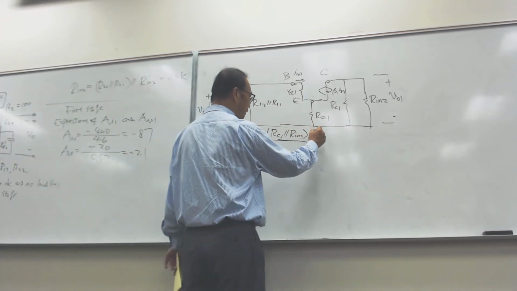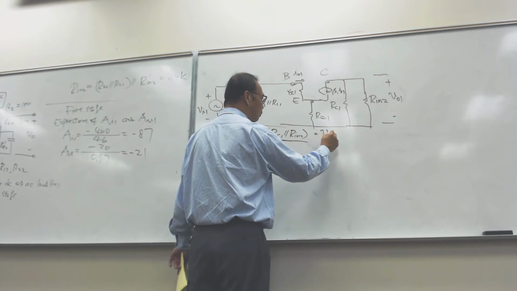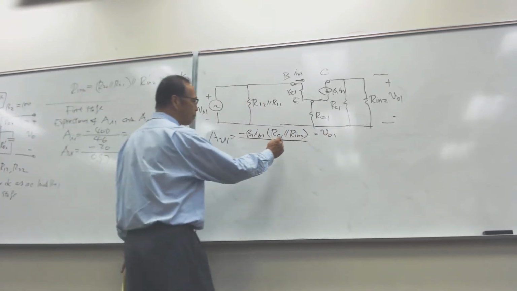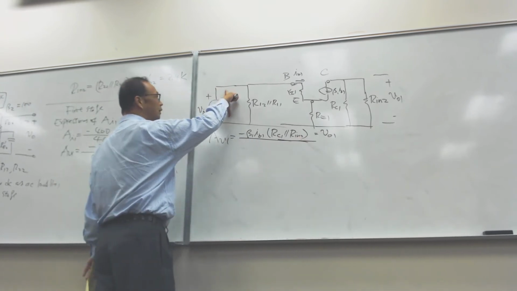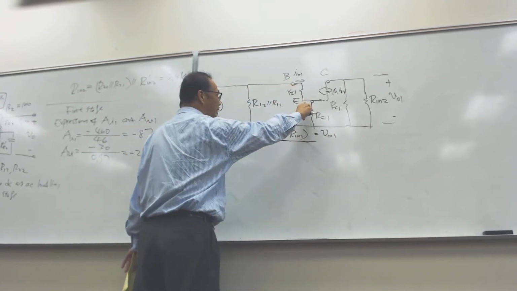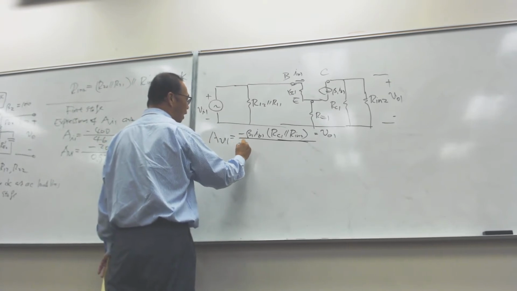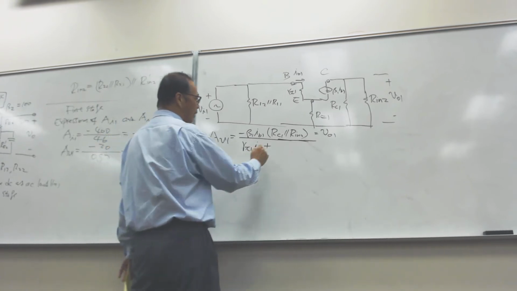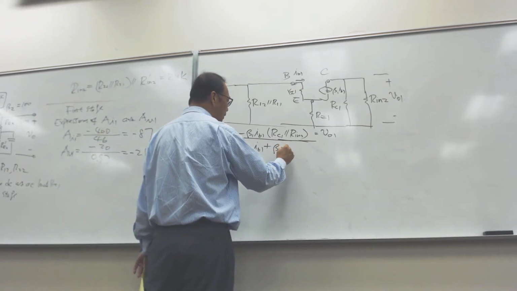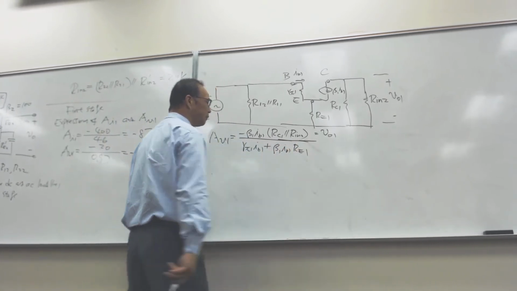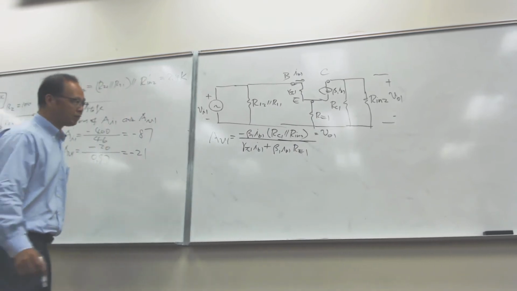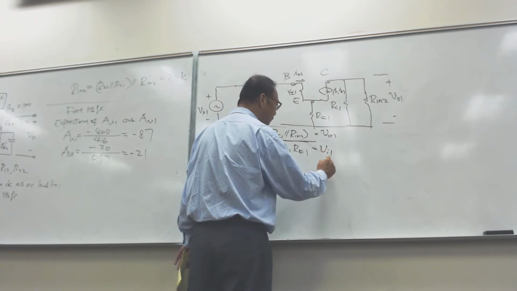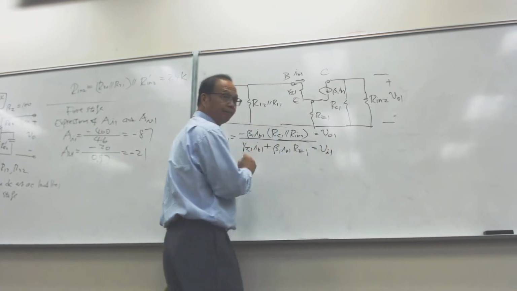So the top is VO1, correct? What about the bottom? This is equal to that plus that. So it's R pi 1 IB1 plus beta 1 IB1 RE1. So the bottom is VI1, correct?